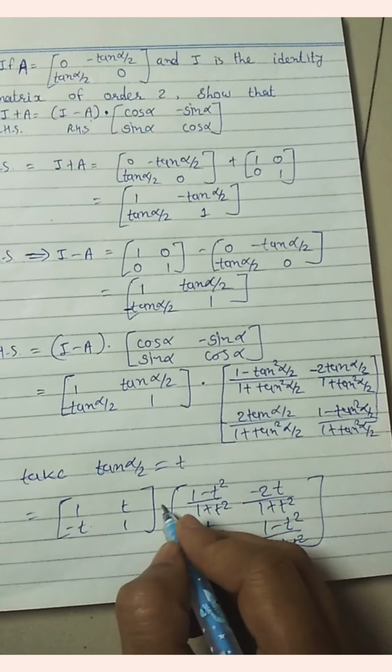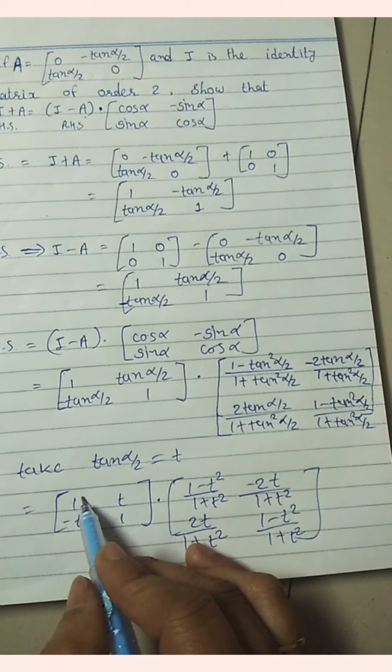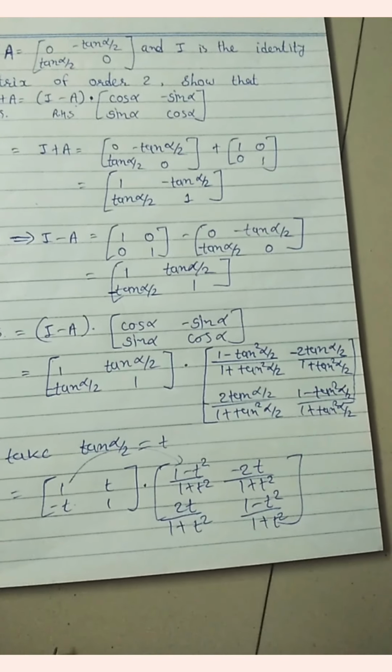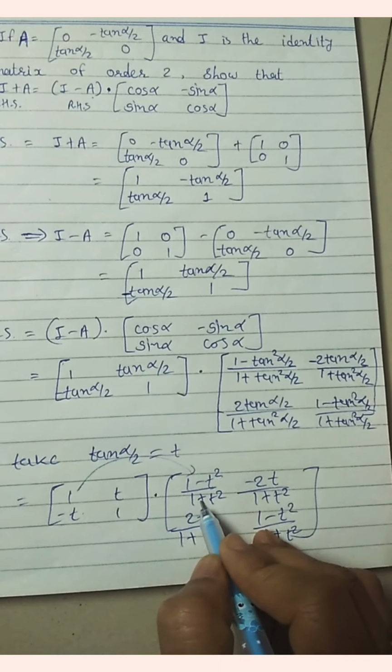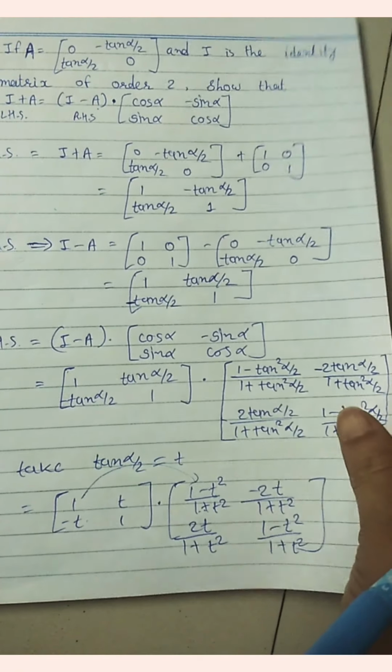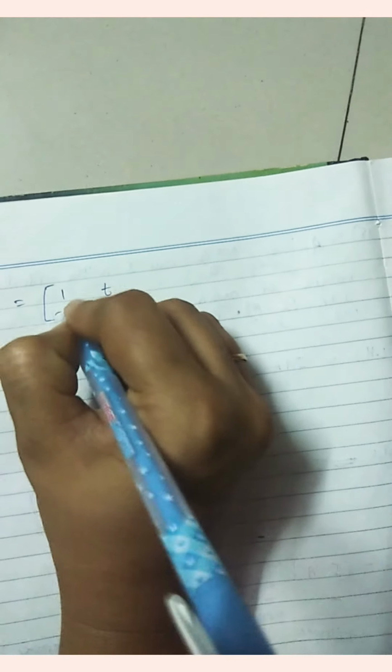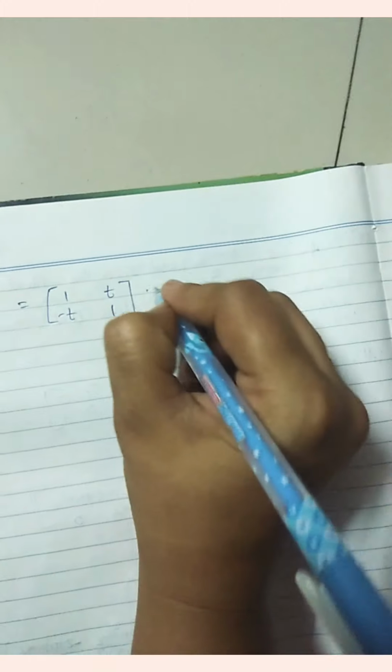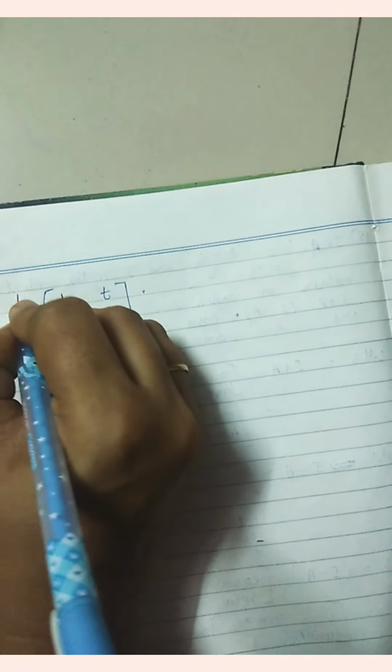Now I have to just multiply the corresponding elements. Before that I am taking 1 plus t square common from the matrix. So what I have, 1, t, minus t, 1, and 1 upon 1 plus t square common from all.